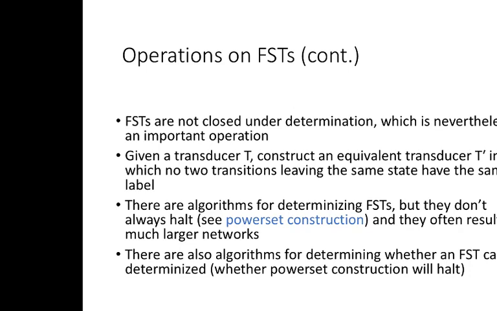The union of two FSTs, where each FST is a mapping relation, is a new FST that includes all of the mappings that were in either of those original FSTs, or that were encoded by those original FSTs. So it's just union in the set sense.